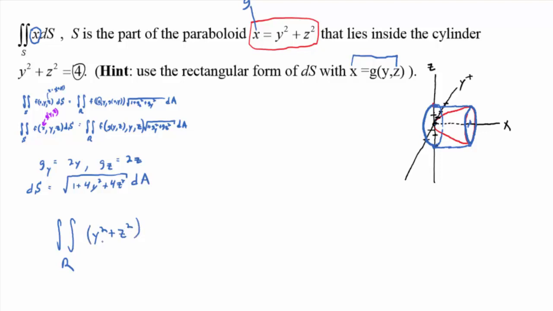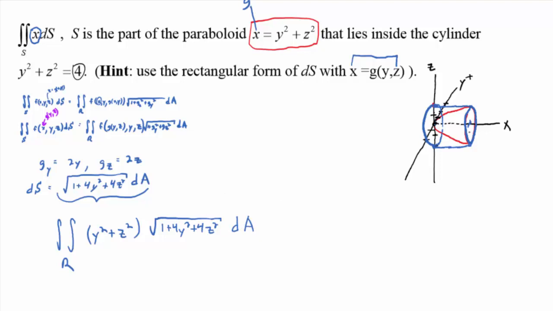So you got to make that substitution because your integral has to be in terms of y and z now. And then your ds is right here. It's what we just found. It's the square root of 1 plus 4y squared plus 4z squared. And then dA.